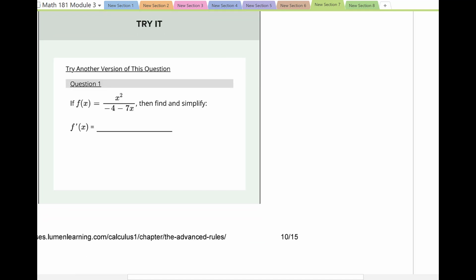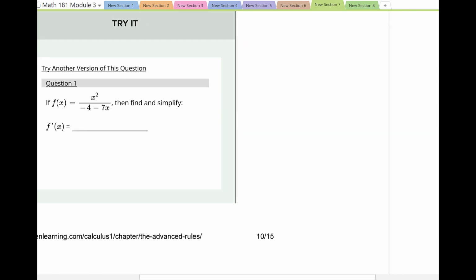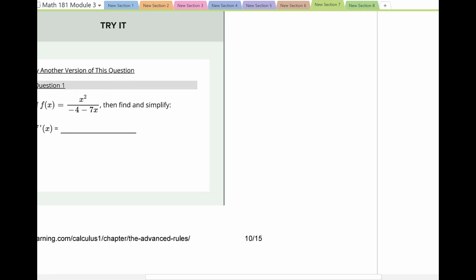Now the next one, we're going to do the same thing, find and simplify. So f of x equals x squared over negative 4 minus 7x. So our f prime is going to be negative 4 minus 7x, and by the way, it just does not come natural to me to put the constant before the variable term.